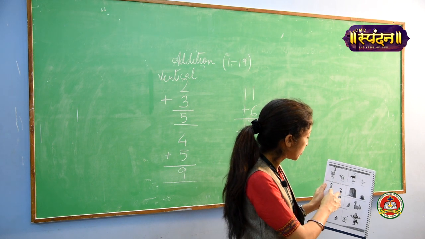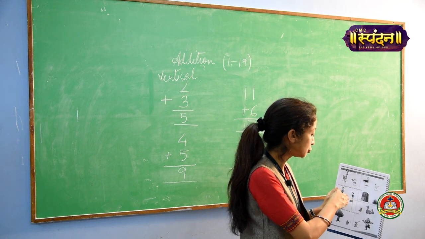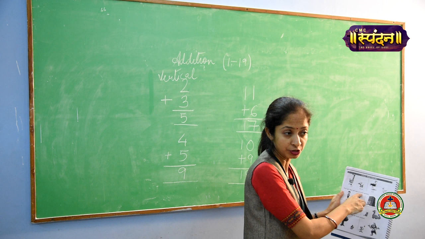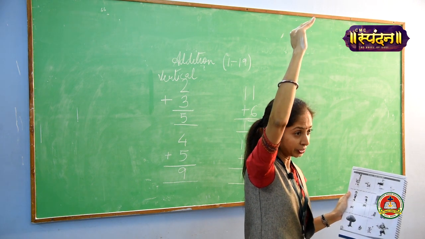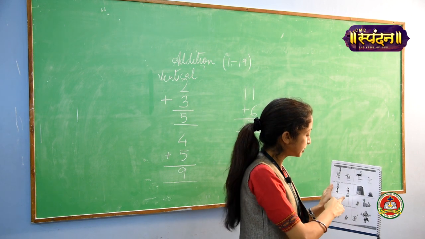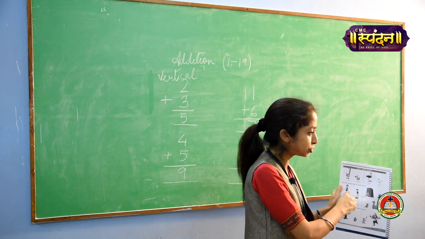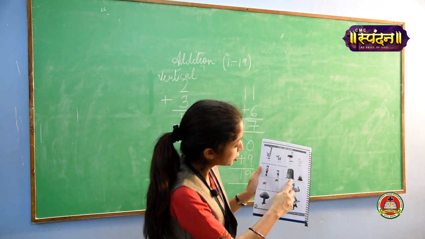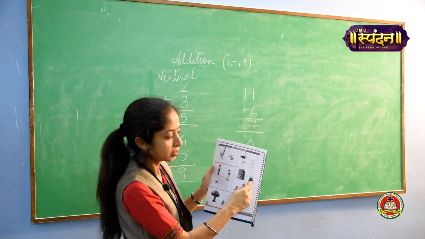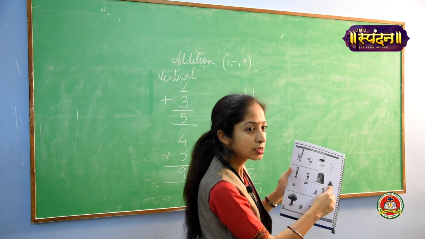Next, here are 2. Now in this also we have to tick the tall one in each picture. Okay, the one which is standing straight, very big, that is tall. So there is one big boy and one small. So which one we are going to tick? The taller one. Okay. Now next picture is a tall building and a short house.